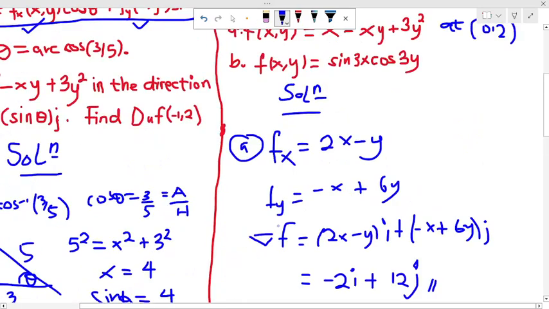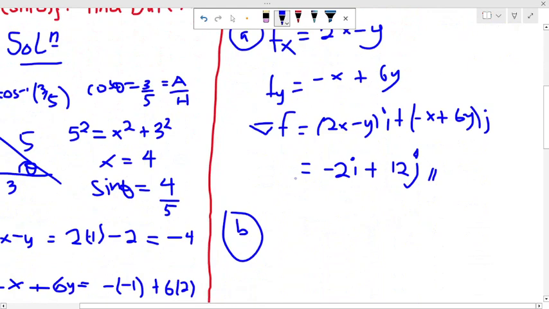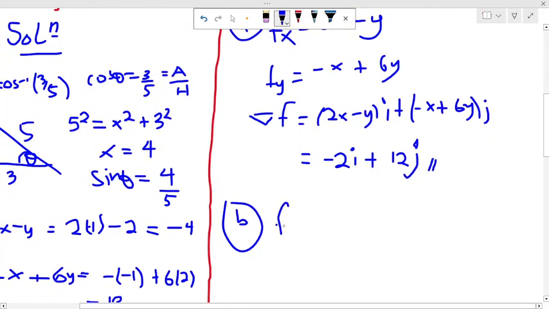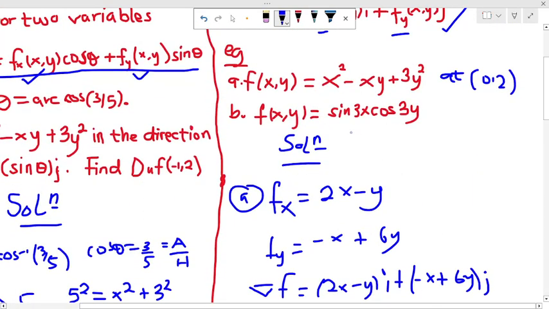So we have sine 3x cos 3y. So let's find the partial derivative of f with respect to x. So now differentiating this, our cos 3y is going to be treated as constant because we are not differentiating with respect to y, so y becomes constant.